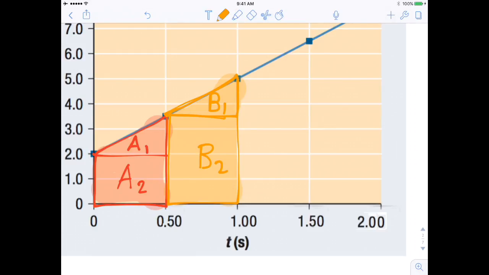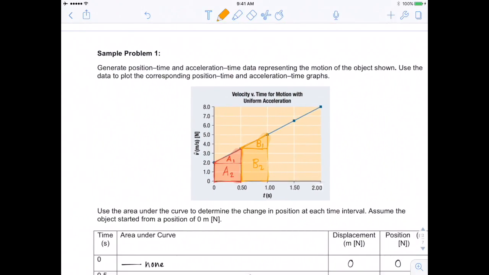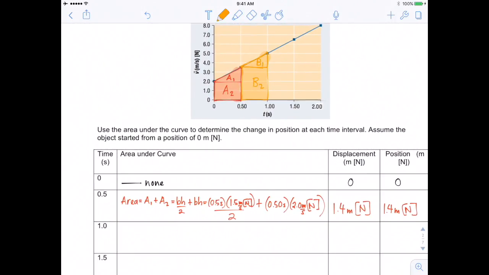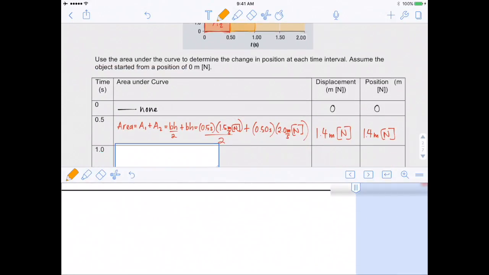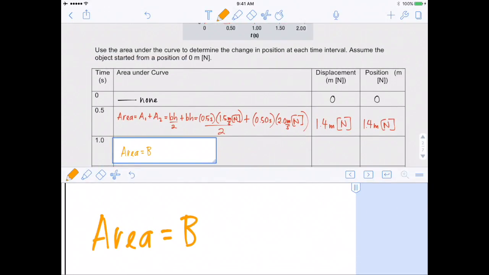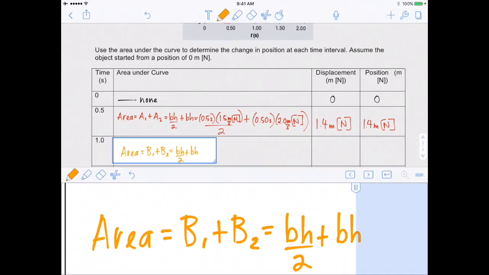And in fact, in all of these examples that we do, the little triangle segment will be the same for all of them. So let's determine the displacement during this interval of time. And the displacement is found by finding the area of B1 plus B2, which is the triangle, base times height over 2, and the rectangle, base times height.